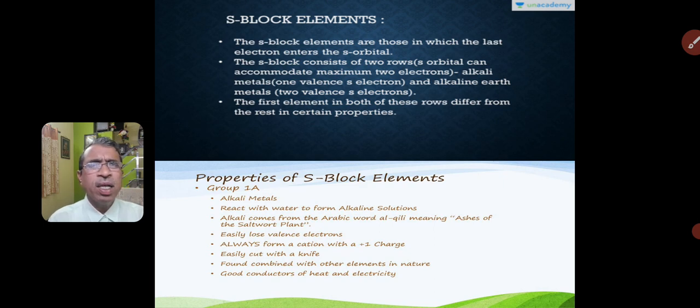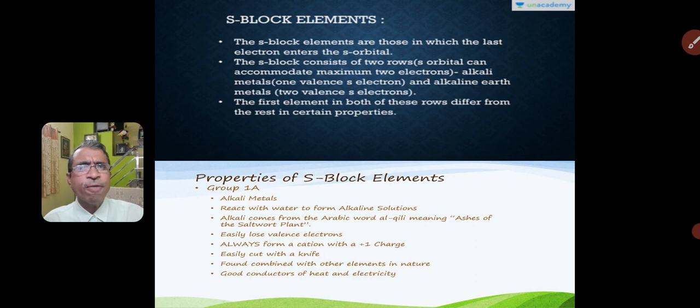They are alkali metals, and react with water to form alkaline solution. Alkali comes from the Arabic word alkali, meaning ashes of the saltwort plants. They easily lose valence electrons and always form cations with +1 charge.